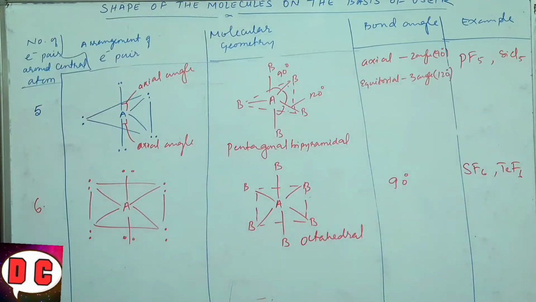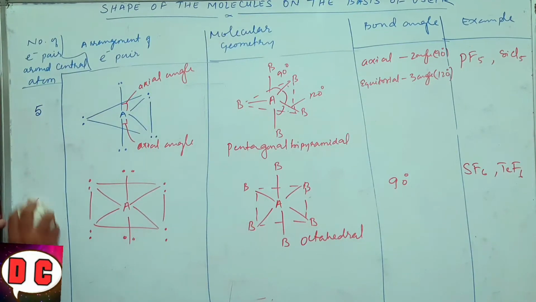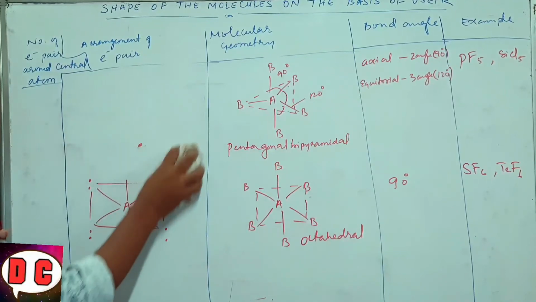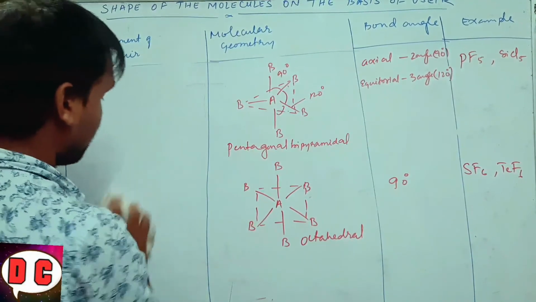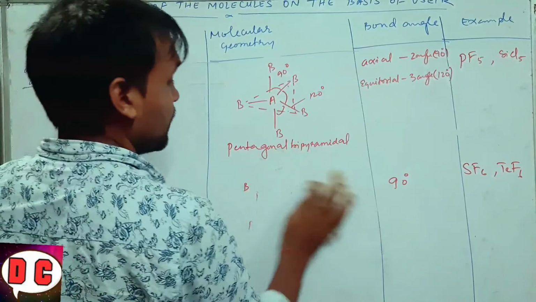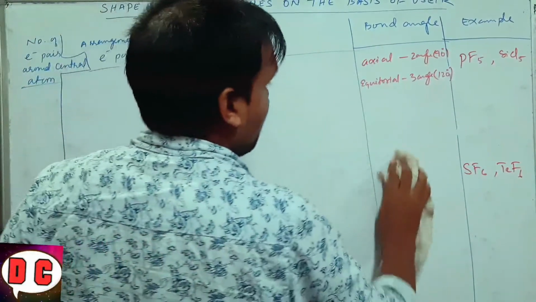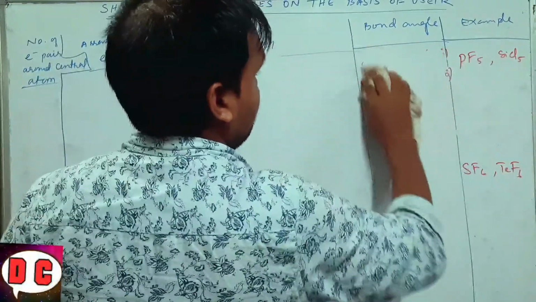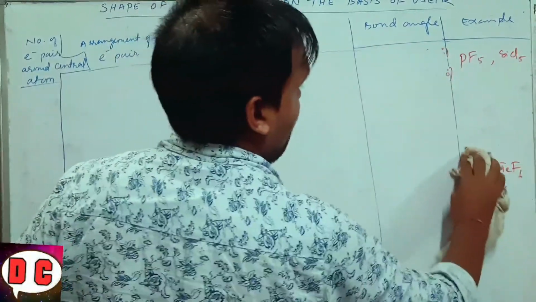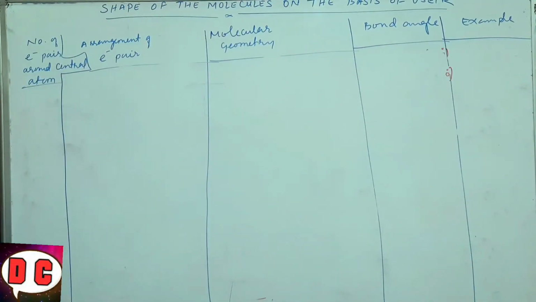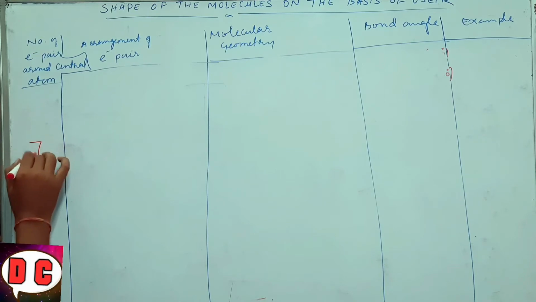Next we are going to the last number of electron pairs around the central atom, that is 7. And learn this one properly, dear students. This topic is very important. Here the number of electron pairs around the central atom is 7.